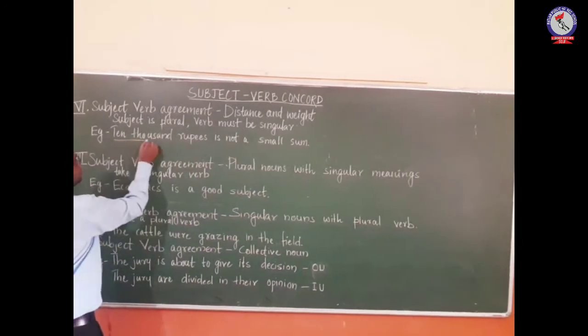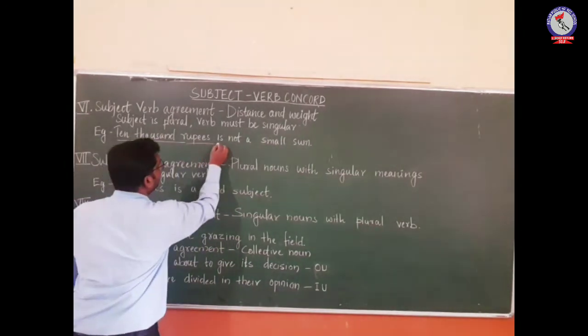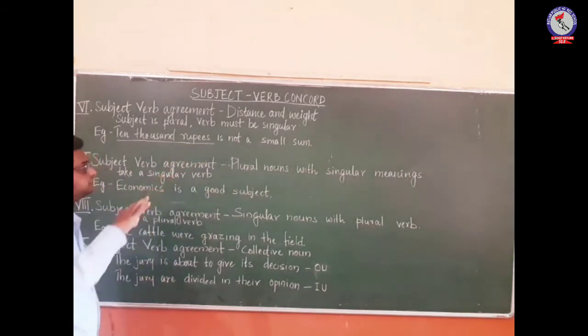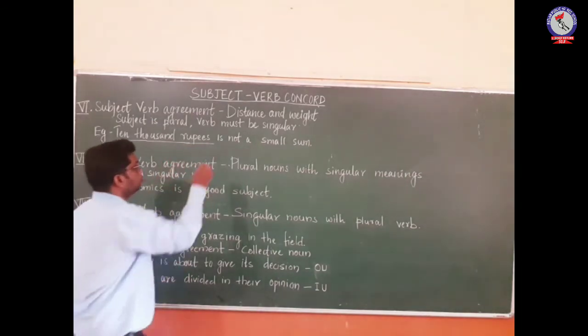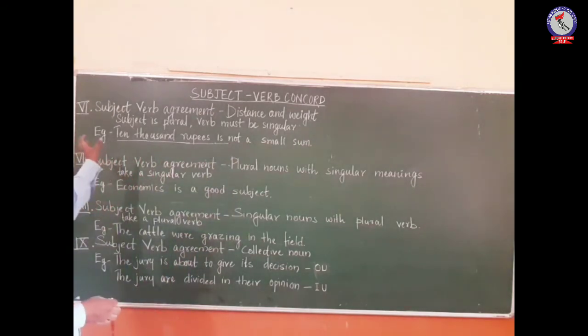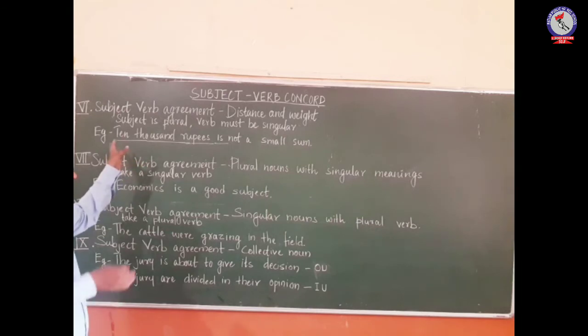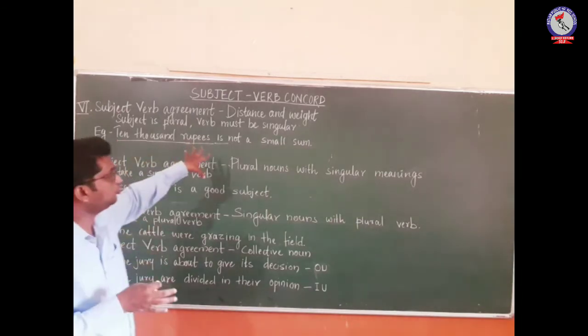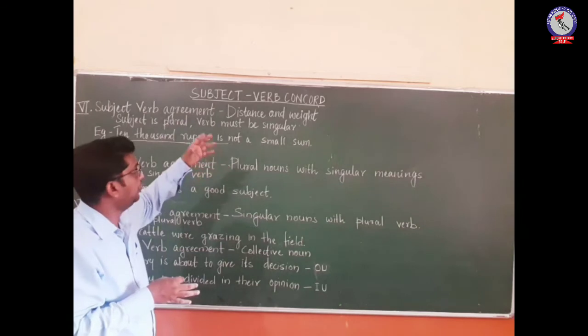Here 10,000 rupees, okay, it is a sum of money. But we have used a verb that is singular because the subject shows us the plural. In that condition, we can use the singular verb.